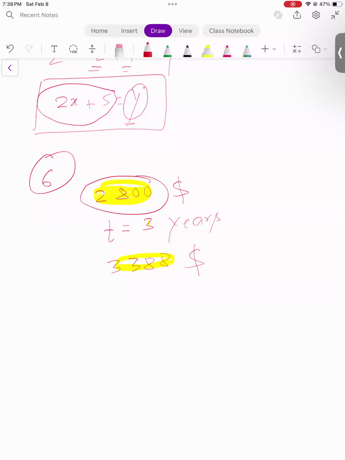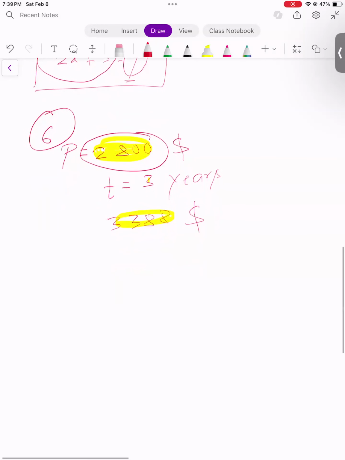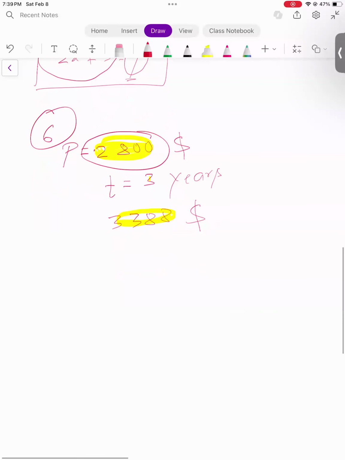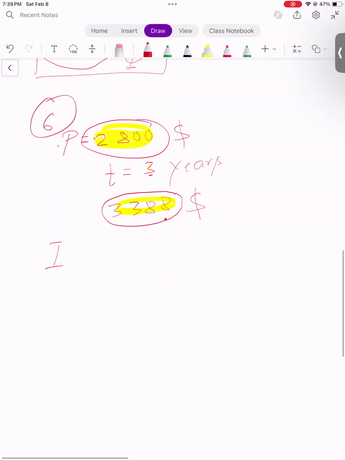No, right? So this is not the interest you paid. The loan amount, we call it principal, so this is our P. $2,800 is your loan amount, and after 3 years the total amount you paid was $3,388, and this total amount includes the principal and interest. So you have to find the interest, and the interest is the difference of this amount and the principal.